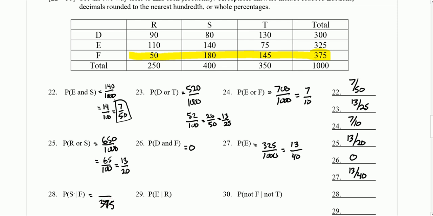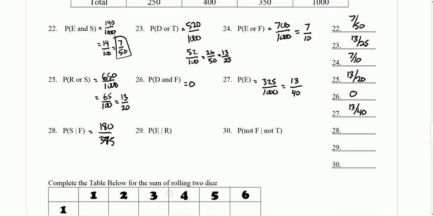And just in that row, 180 belong to S. So it's 180 divided by 75. And so 180 divided by 5 is 36. And 375 divided by 5 is 75.